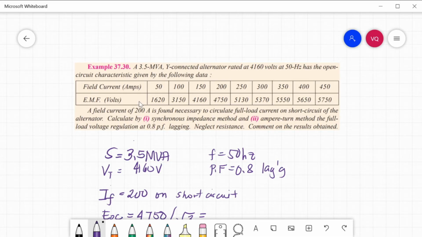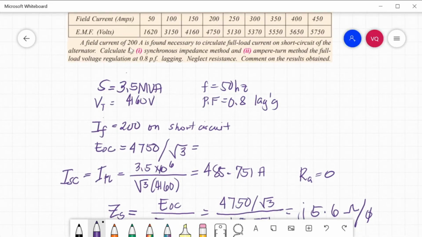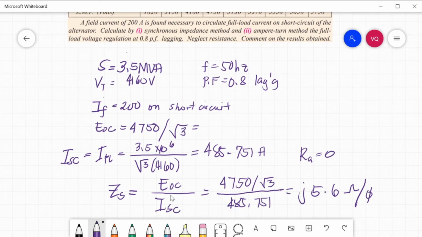We have apparent power equal to 3.5 MVA. Our output voltage is 4,160 volts. We have a power factor of 0.8 lagging. Here our field current is 200 amperes on short circuit. In the synchronous impedance method, the formula for Zs is equal to the open circuit voltage divided by the short circuit current.